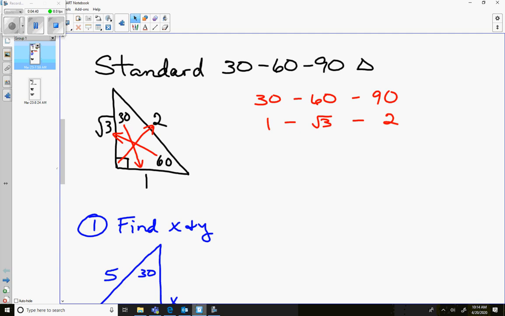You might have memorized it x, x square root of 3, and 2x. Okay, it's the same thing. My numbers are with x being 1. And again, it doesn't really matter, but for where I'm going with this for pre-cal, I don't want the x's involved. We're going to be doing just the 1, square root of 3, and 2.